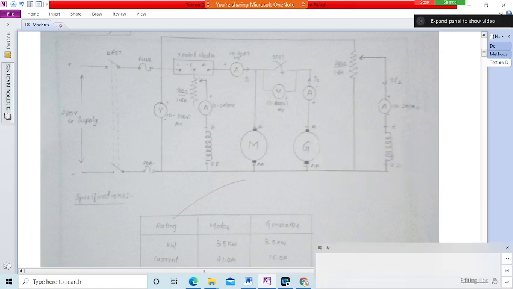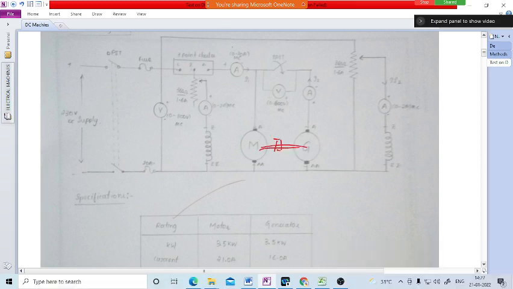In the 3-point starter, Z is the field winding of the motor, connected through a rheostat for varying the motor speed, and A is the armature connected to the motor. The generator armature is also coupled electrically, not only mechanically. Both machines are coupled mechanically as well as electrically.